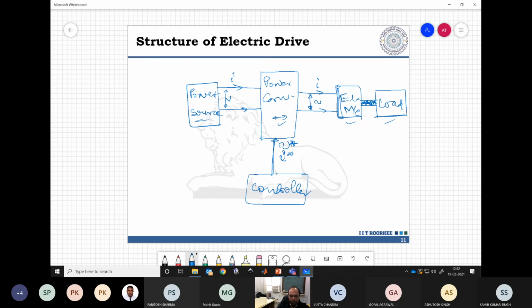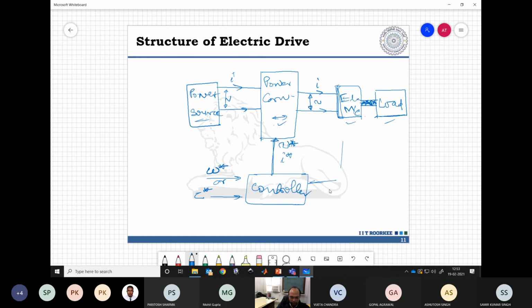Now the controller will decide these things on the basis of certain inputs. Let us say the input given in terms of speed reference or the torque reference.